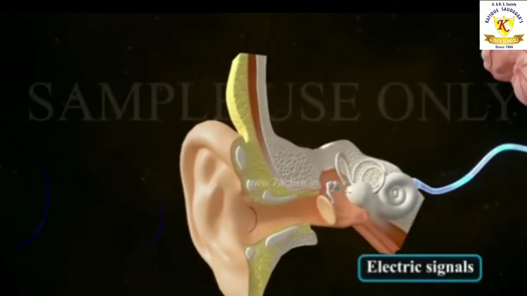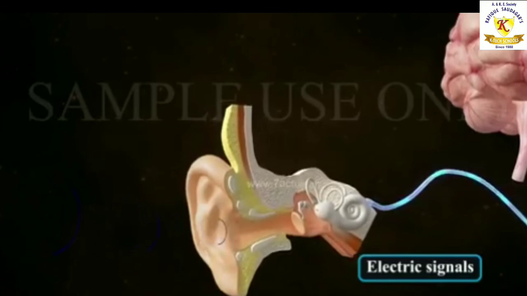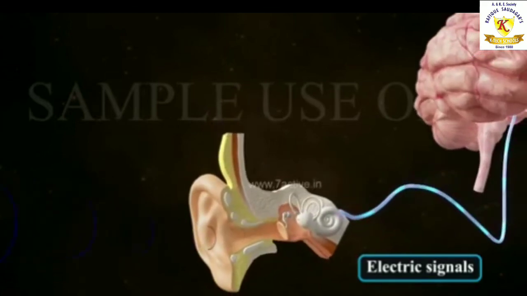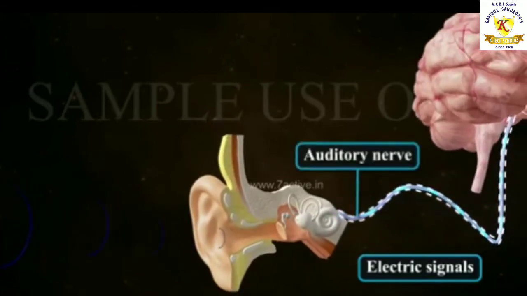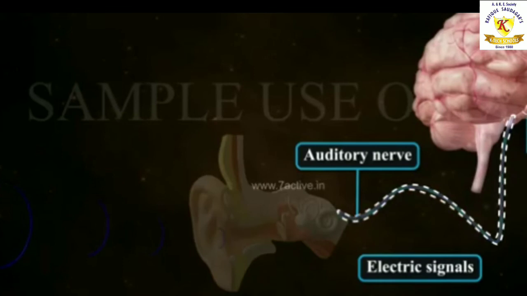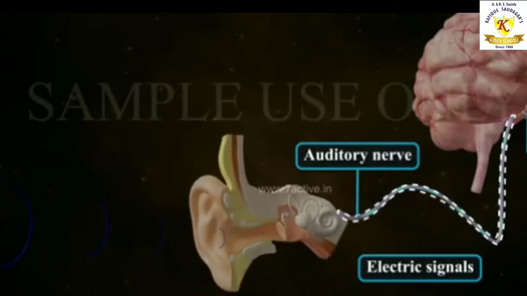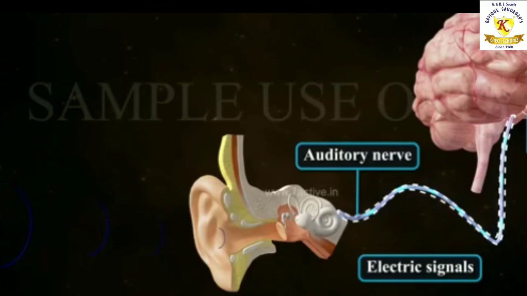The electrical signals are passed through the auditory nerve to the brain, and the brain interprets them as sound. So children, ear is an important sensory organ. Sticks or other pointed objects should never be inserted into the ear. Okay, it may cause severe damage to the eardrums.